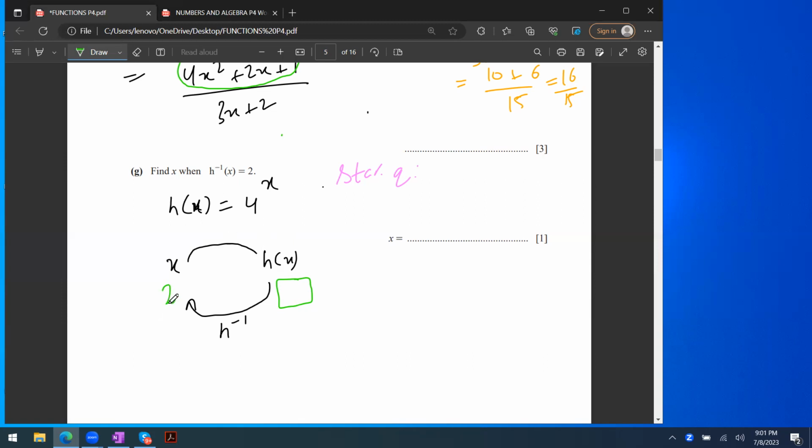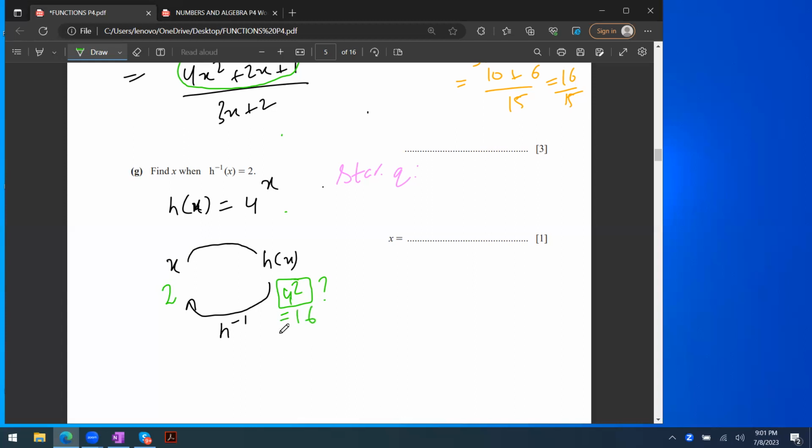The x value is 2. What should be on the right? It is 4 raised to power 2, which is 16.